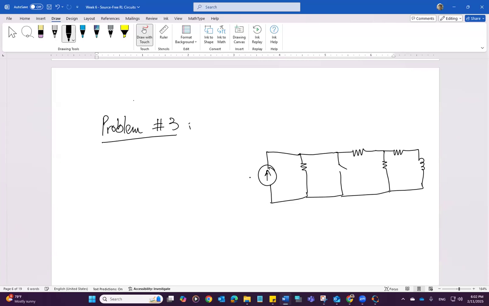You have a current source, IS, 12 milliampere, R1, 100 ohms.